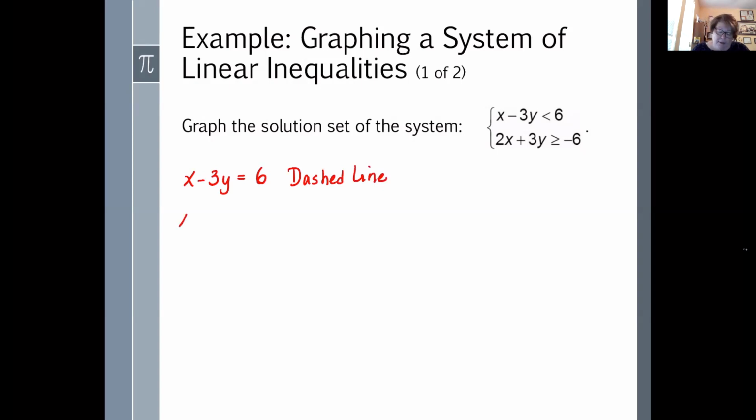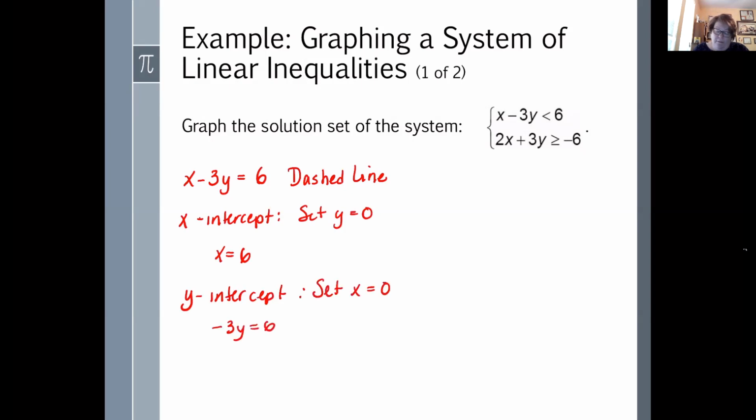All right, to find the x-intercept, set y equal to 0, so x is 6. To find the y-intercept, set x equal to 0, negative 3y equals 6, so y equals negative 2.